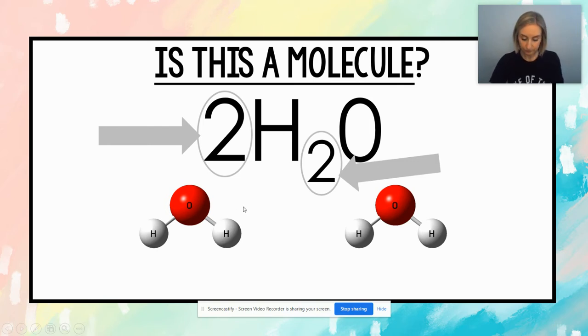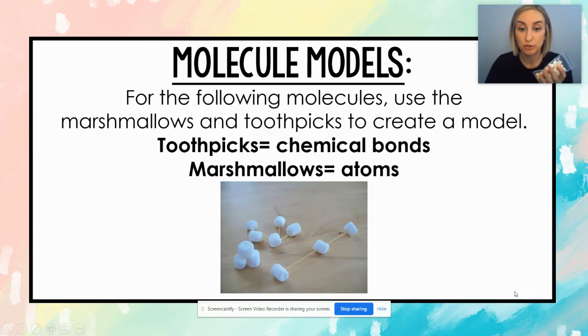So what you guys are going to do is you're going to go through, and at your lab stations, you're going to be grabbing one of these little baggies. It's got marshmallows and toothpicks in it, and you are going to be creating models of molecules. So when you grab your bag, please make sure that you take turns going to your lab station. There's 1 or 2 other people that have the same number as you.